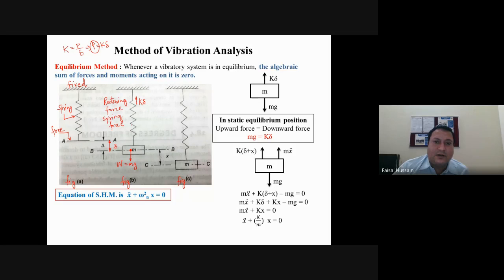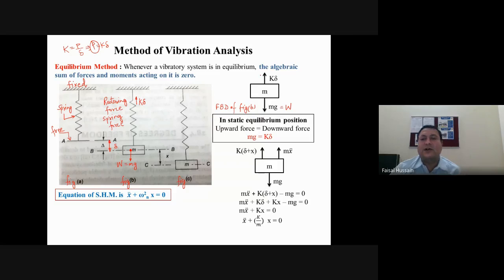Now, if I create a free body diagram of figure B, this is my mass. Downward, this is mg, which is equal to weight, and upward only one force, K delta.